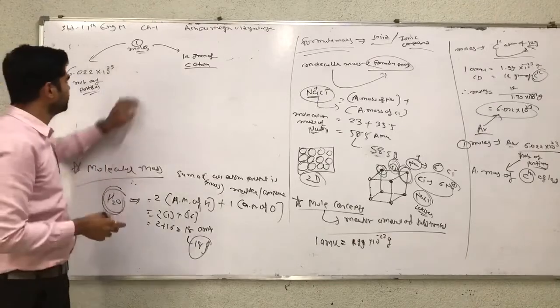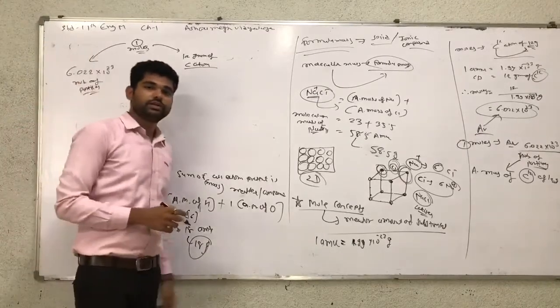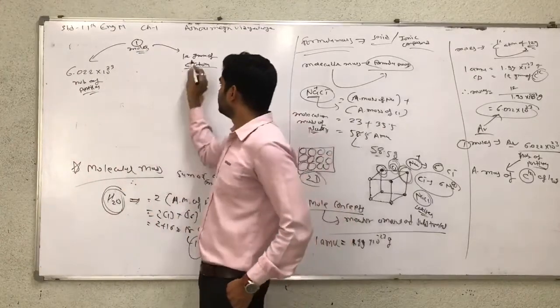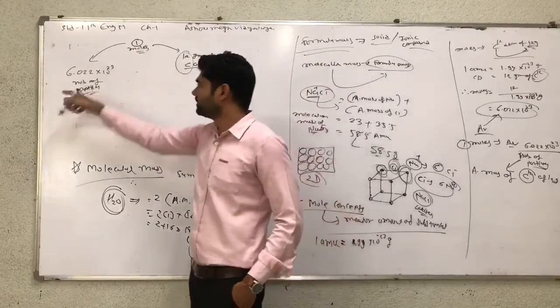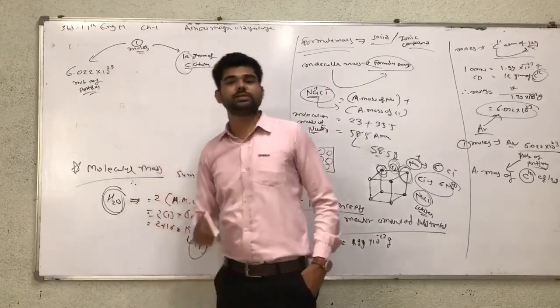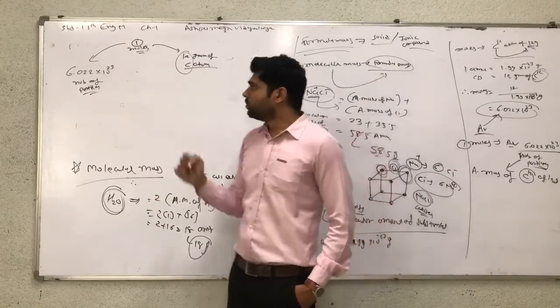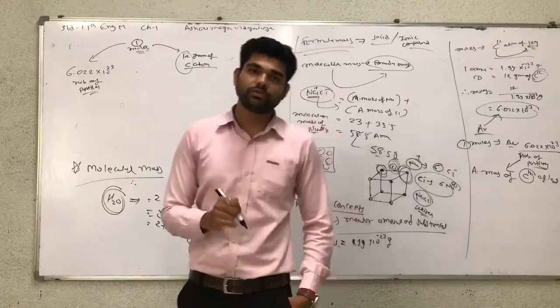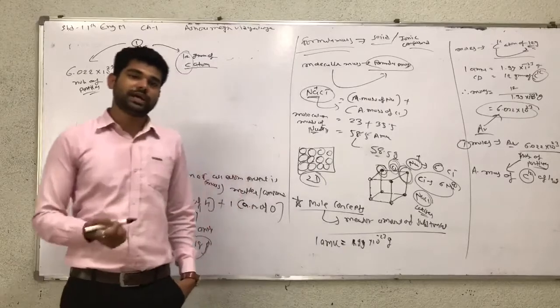So the relation: 12 grams is equal to 1 mole is equal to 6.022 into 10 raised to 23 particles. So all are equal. It means you can also say that 1 mole is taken and the number of particles in 12 grams is 6.022 into 10 raised to 23. So the mole concept is not only applicable for this type of element, but it is also applicable for electrons, protons, atoms, ions, all types.